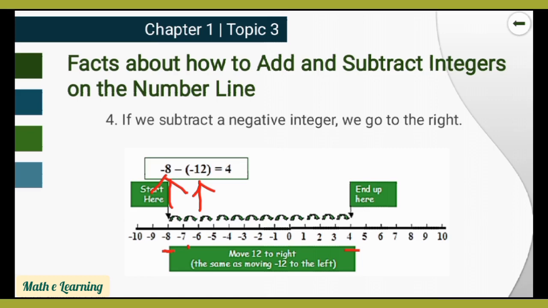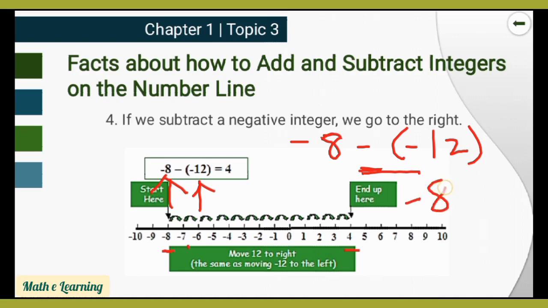And you can do the calculation like this. Here 12 is negative and the subtraction sign is also given, and we know that this minus becomes plus, so it is actually -8 plus 12.